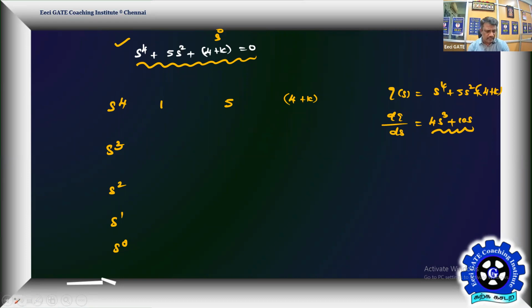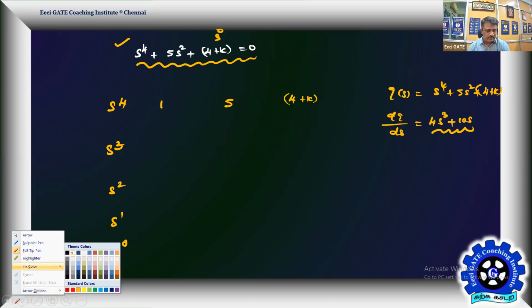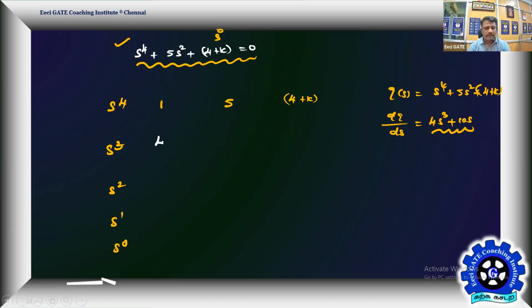That's how we need to proceed. So this is going to become 4, this is going to be 10, and this is 0. Yes, now as per the logic, it is 4 into 5 minus 10, then 4 into this minus this, then you know the logic connected.